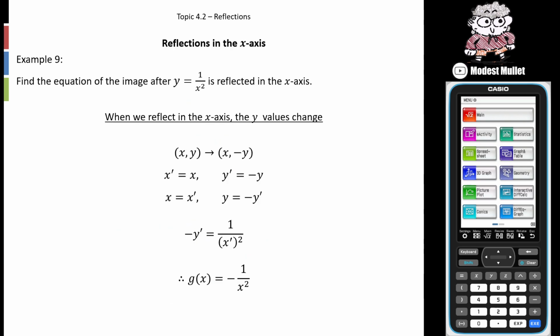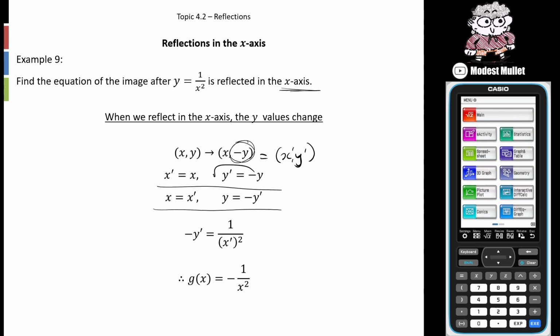So an example here, find the equation of the image after y is equal to 1 on x squared is reflected in the x-axis. Since we're reflecting about the x-axis, the y-coordinate is made negative. That's equal to our x dash, y dash. Equate coordinates, rearrange to get the x and y by itself.